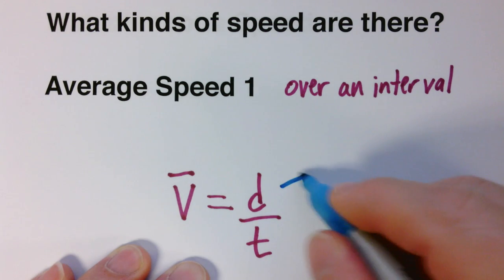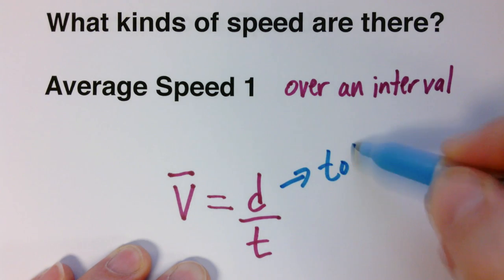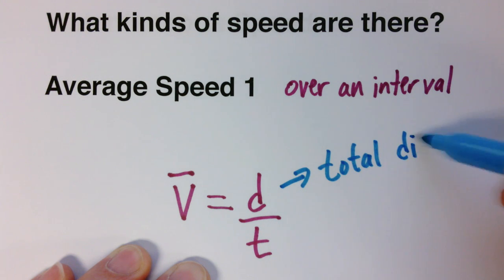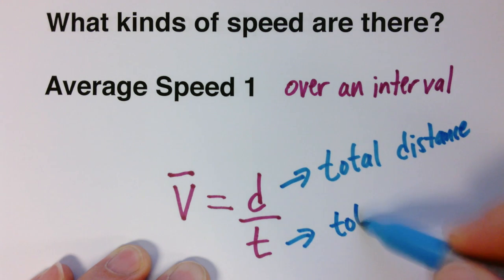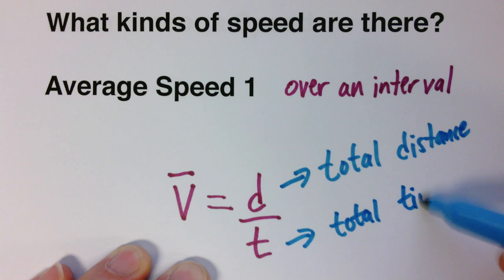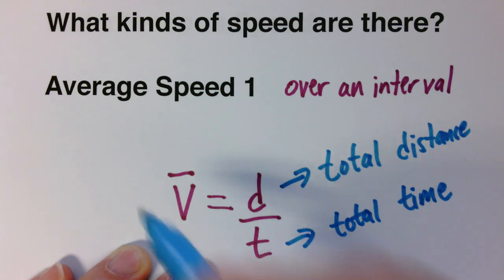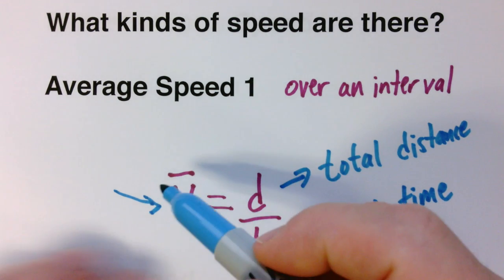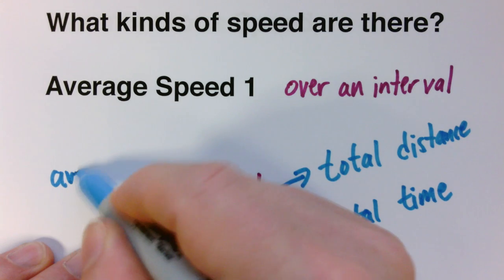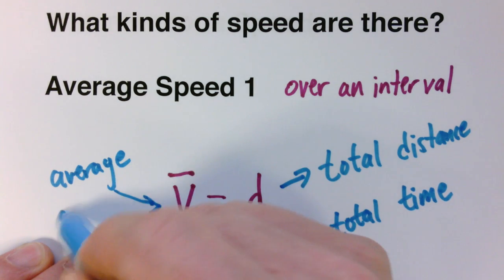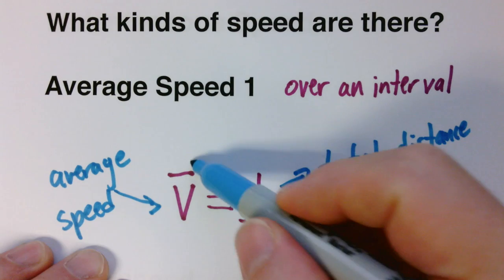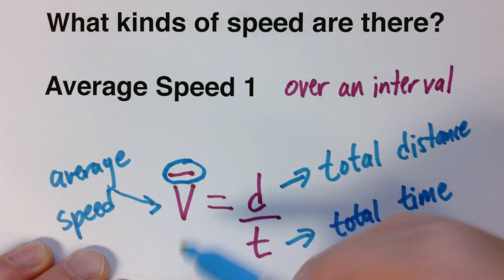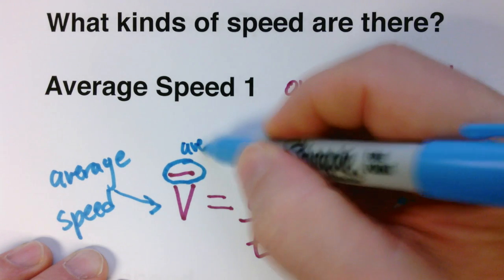D in this case means the total distance, and t is the total time. And V bar is the average speed. The bar over any variable means average.